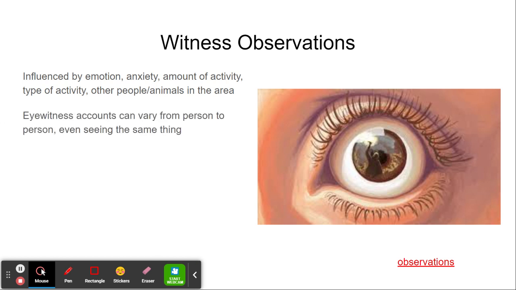Obviously, eyewitness accounts vary from person to person, even under the same settings, same time amounts being shown, the same amount of information, or whatever the case might be. Because again, our ability to observe stuff is going to be influenced by lots of different things.